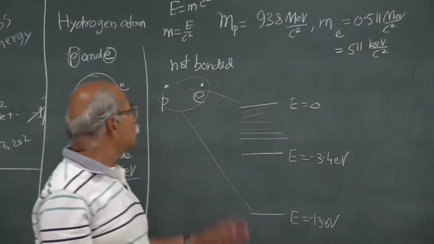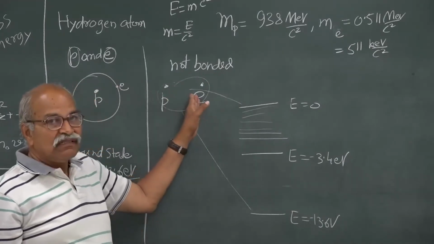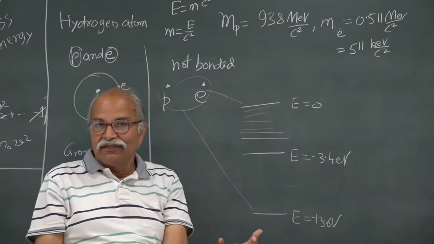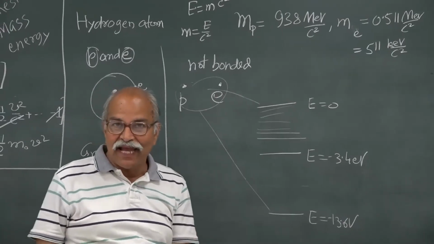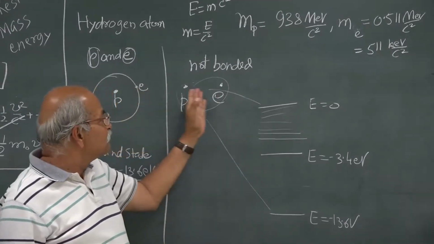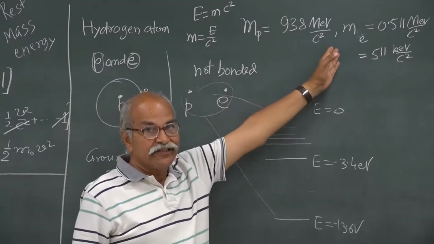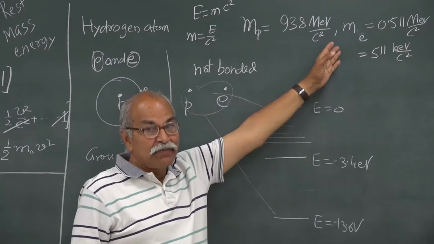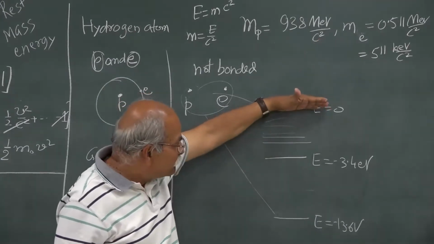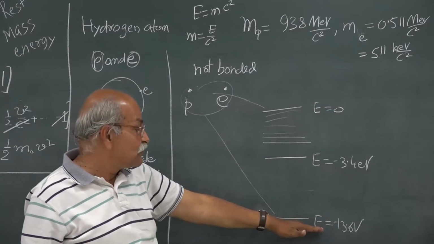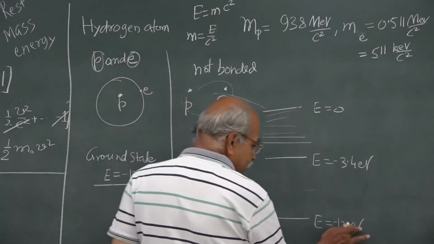So, if you have a proton and an electron which are separated from each other, no bonding, it is not a hydrogen atom, then the rest mass of this combination will be this plus this. But if this energy is 0, then this energy is minus 13.6 electron volt, right.